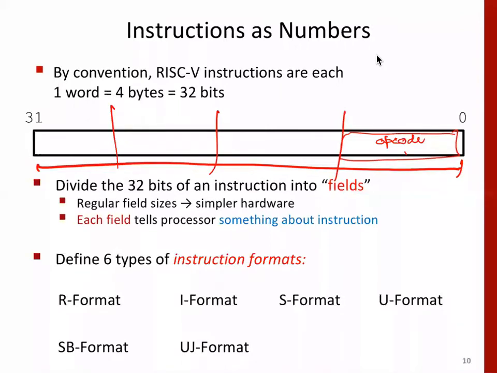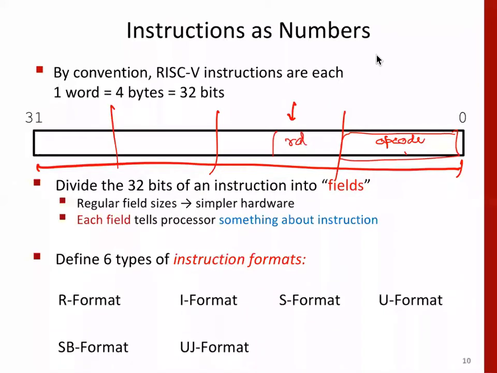Similarly, when we have the destination register RD, all the instructions that are using RD should have it at the same place, and so on. Once that is done, it is very simple. Suppose hardware has to read the value of RD, it does not have to look at which instruction it is and where the RD field will be.